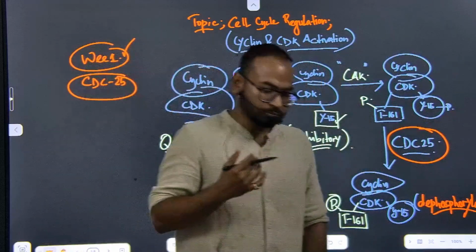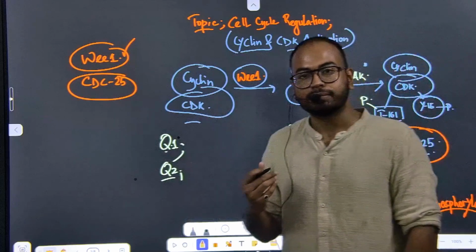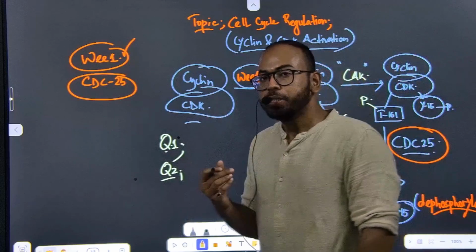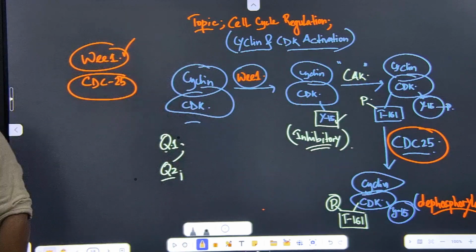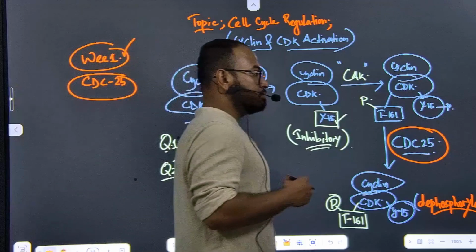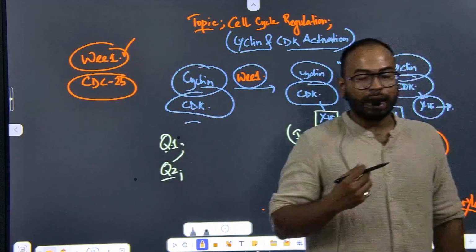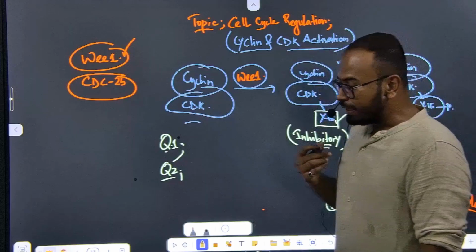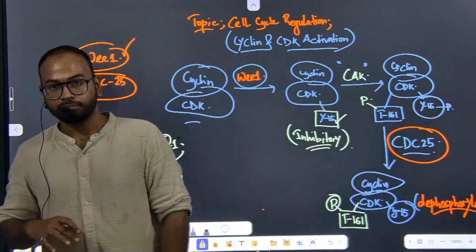Then what will happen? The function of V1 is restricting the cyclin and CDK activity. V1, by phosphorylating at tyrosine 15, restricts the activity of cyclin and CDK.